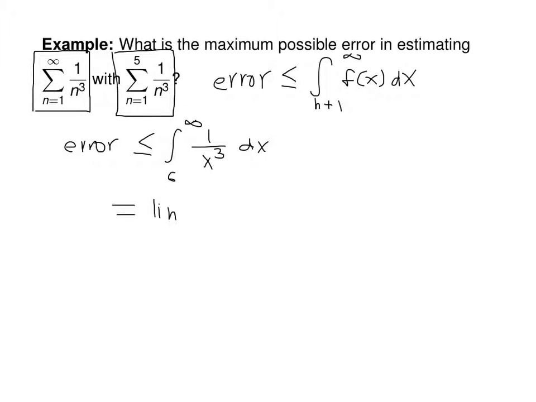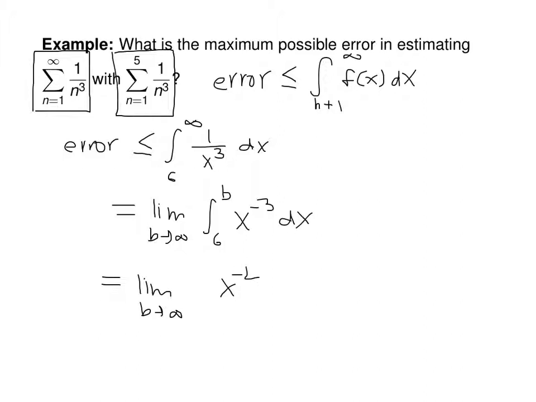which can be found by taking a limit as b goes to infinity of the integral from 6 to b, x to the negative 3 dx.